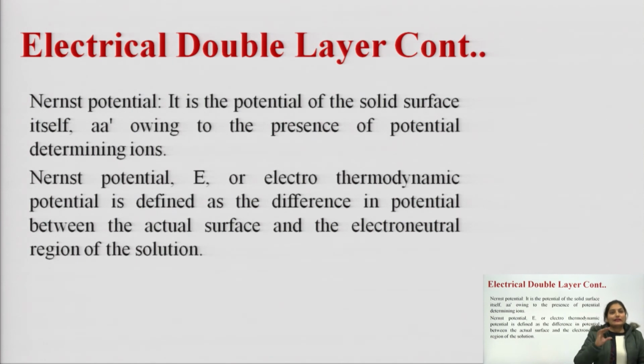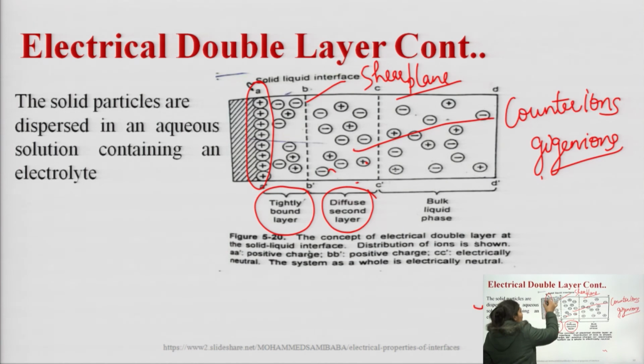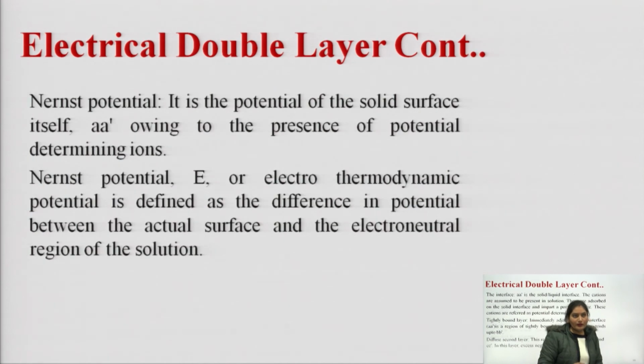Now, there is involvement of two types of potential: Nernst potential and zeta potential. Now, what is Nernst potential? Nernst potential is the potential of the solid surface itself, that is AA dash, and it is because of the presence of potential determining ions. This potential is due to the presence of potential determining ions or cations. Okay.